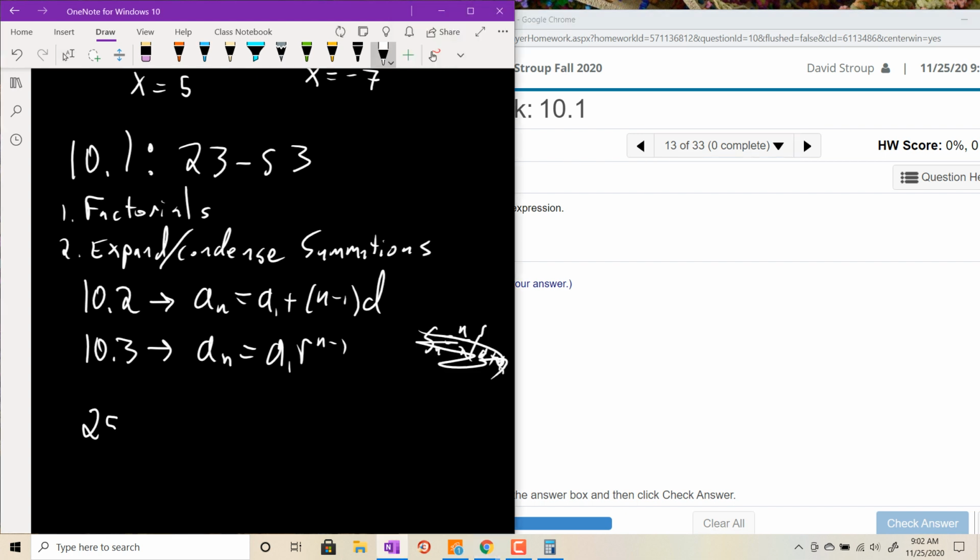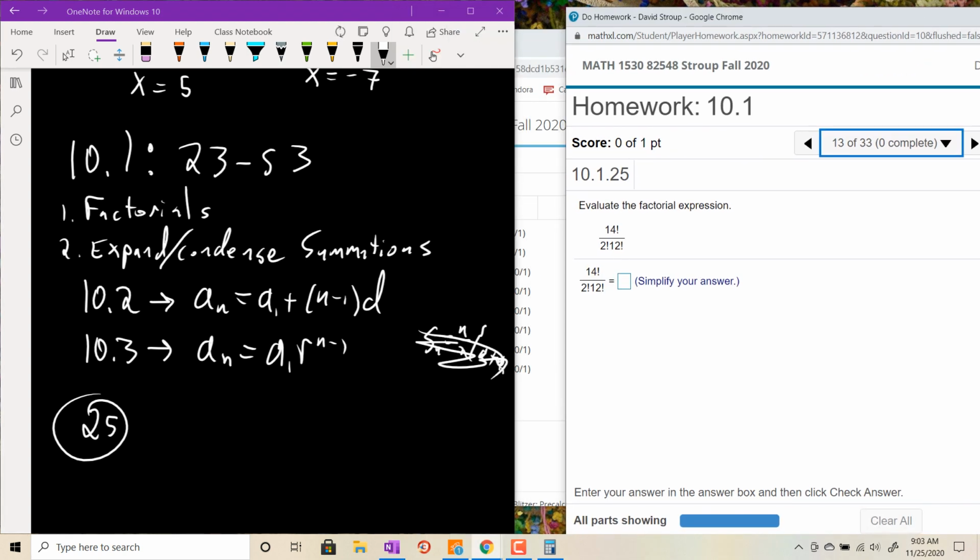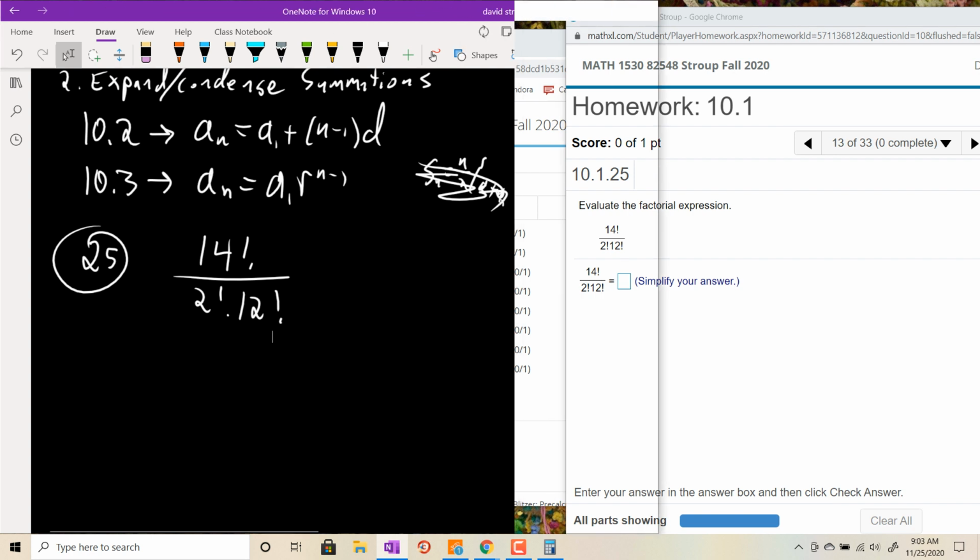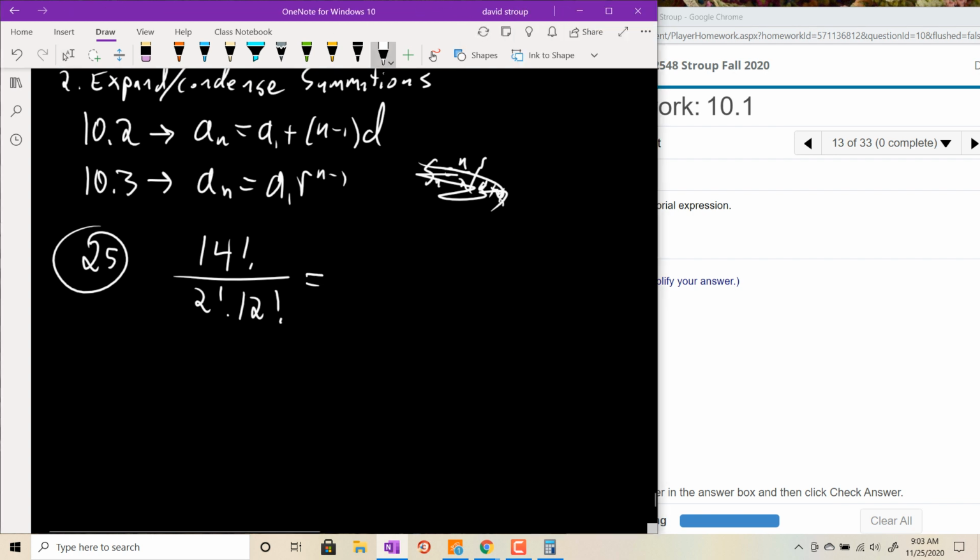So number 25, just simplifying a factorial. Here we've got 14 factorial all over 2 factorial times 12 factorial. You could do it brute force and expand this, but what I've mentioned in my videos is to use a recursive definition.